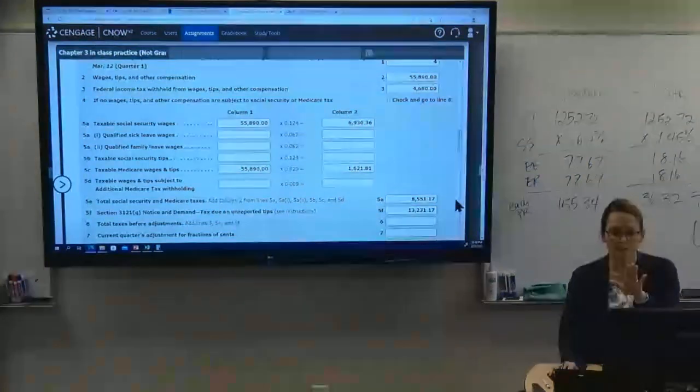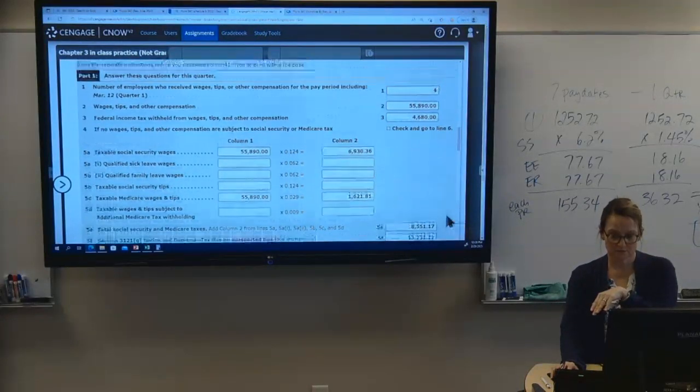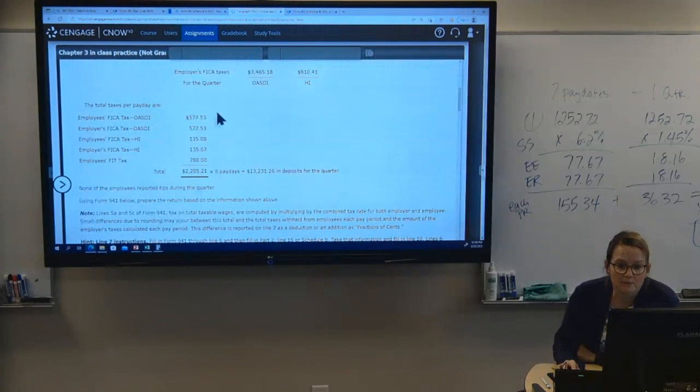All right. So now we're going to stop at this point. We can't really do the fractions of cents yet. Now we're going to calculate what the deposits were. So this is the total amount, and we're going to do it on a per month basis.